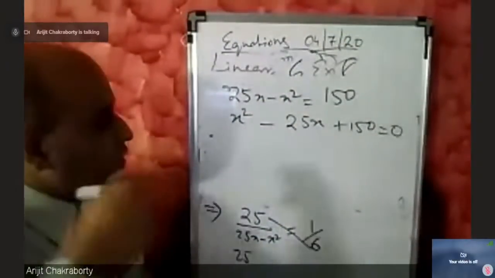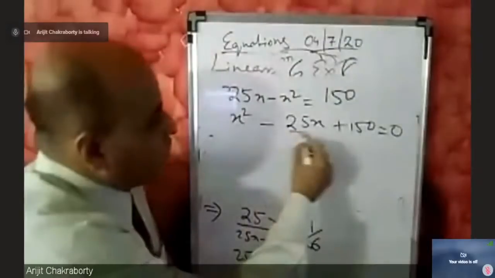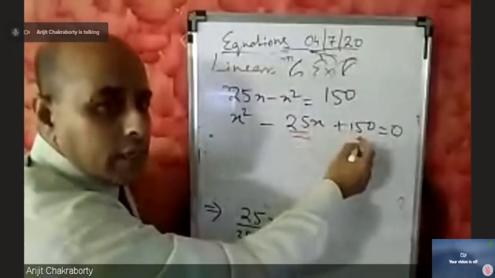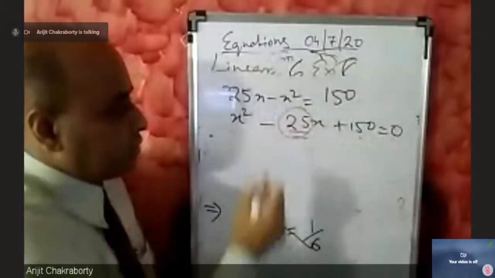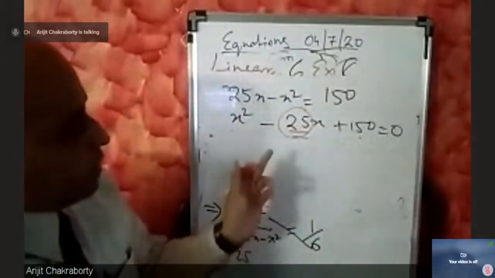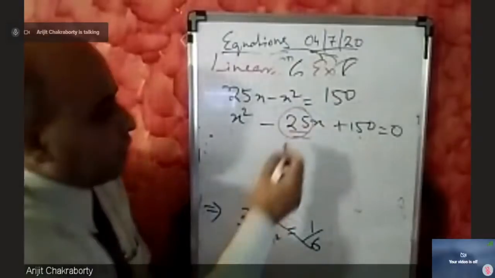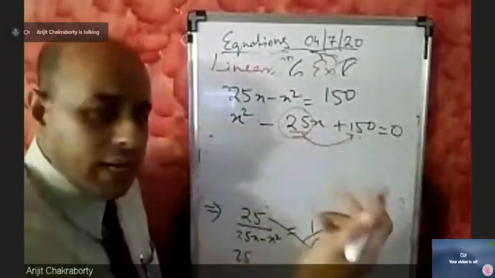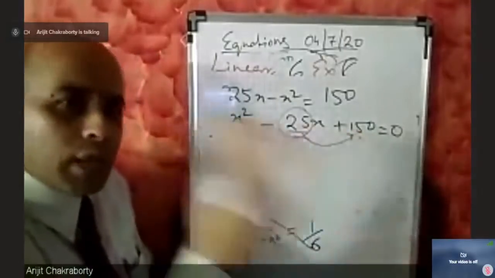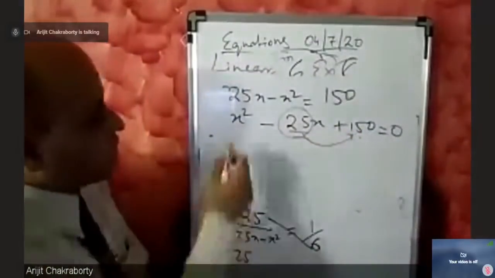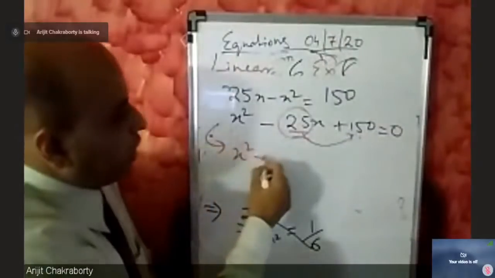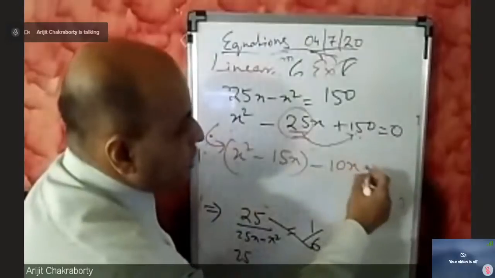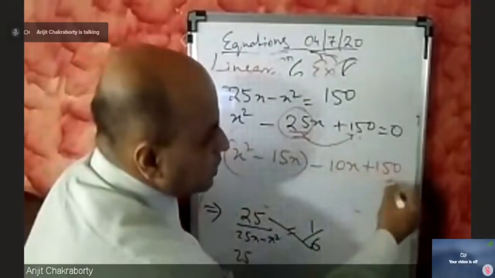Now again we can see this is of the form x squared plus bx plus c, right? So this is the b part, the coefficient b. So we break it up, and if you see 150 here, 15 into 10 gives me 150, and 15 plus 10 gives me 25. So I solve it this way: x squared minus 15x minus 10x plus 150 is equal to 0.